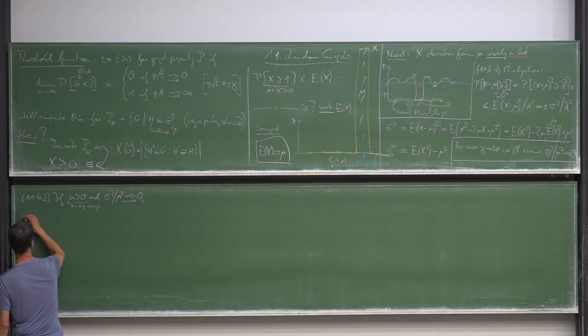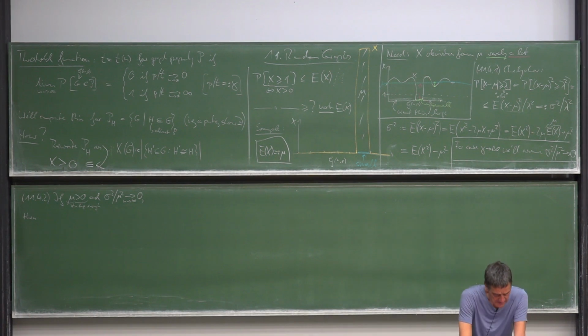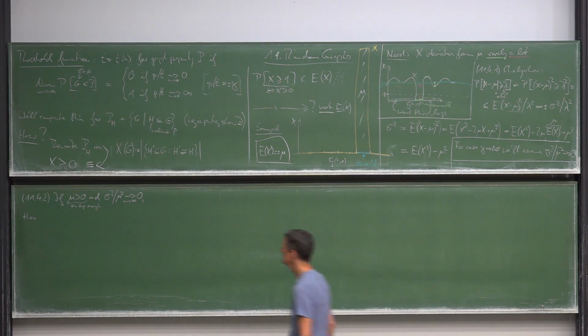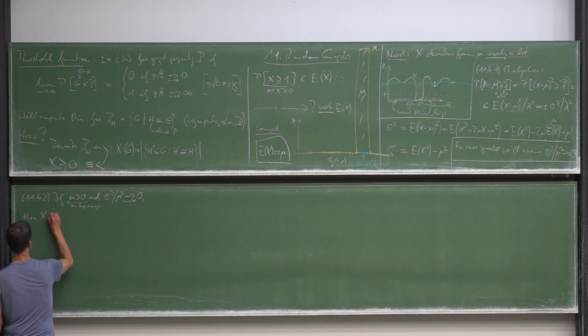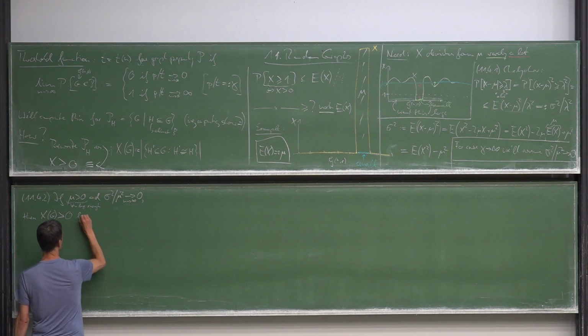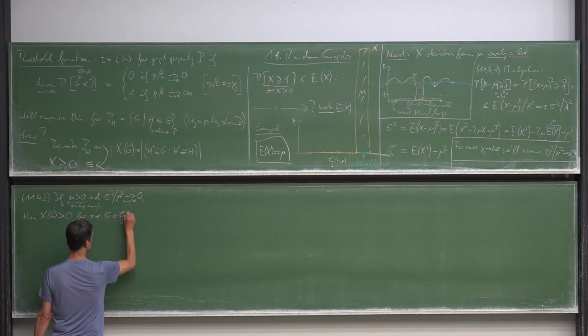Then almost every G has our properties, so let me write it in terms of X. Right.